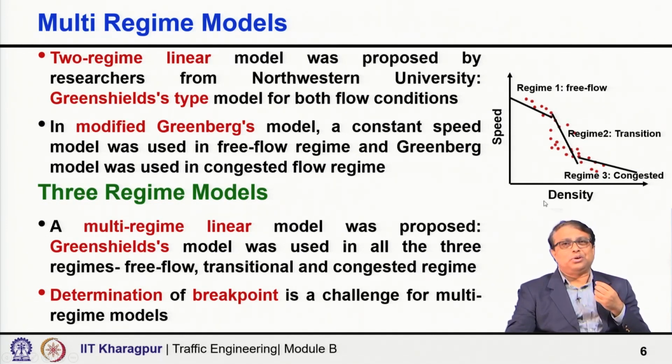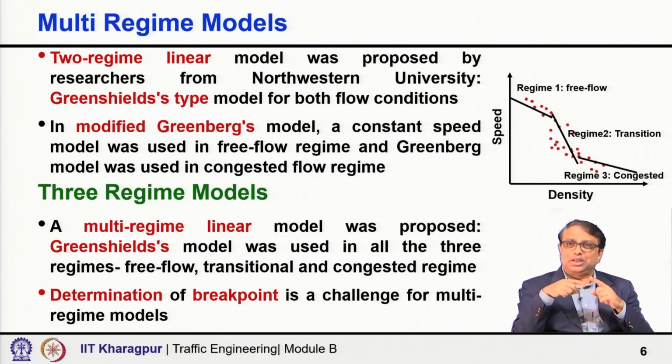Of course, in all such cases, in three regime model, determination of breakpoint is a challenge. It is for three regime, also for two regime, because you are fitting the model separately in two regimes.